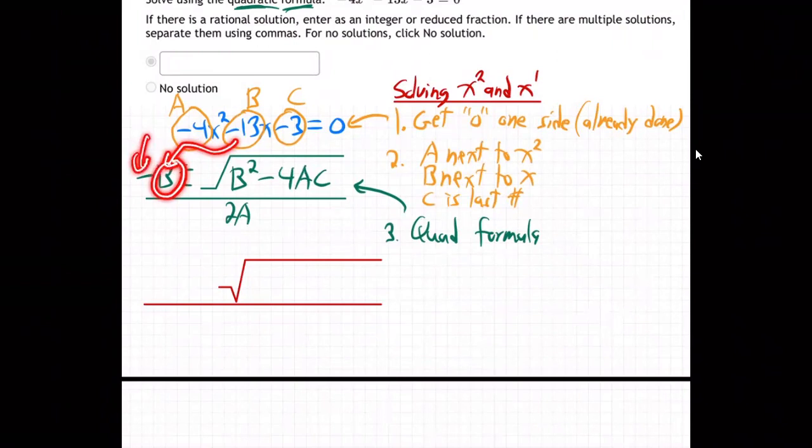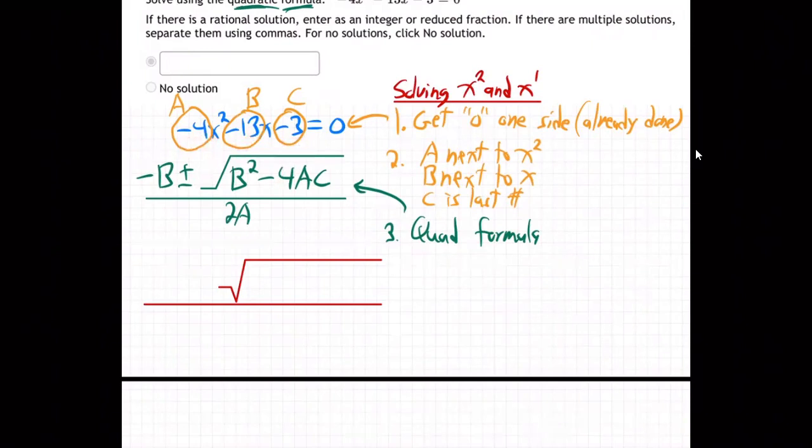Does everybody see that? You want to keep separate and distinct whatever negatives and numbers and positives and numbers are in the formula from those things you're plugging into the formula. I'm going to plug in negative 4 for A everywhere, negative 13 for B everywhere, and negative 3 for C everywhere. So here we go.